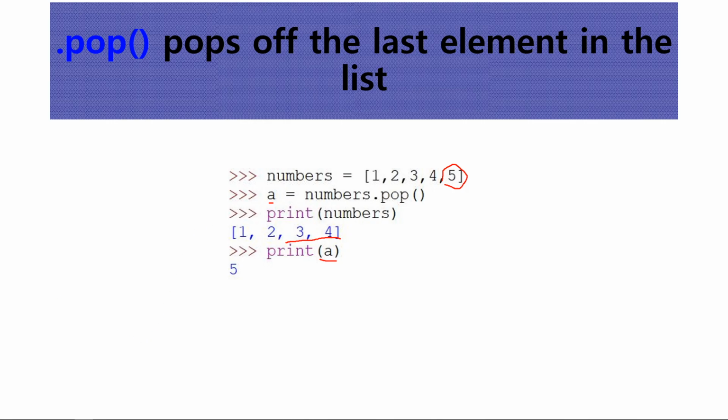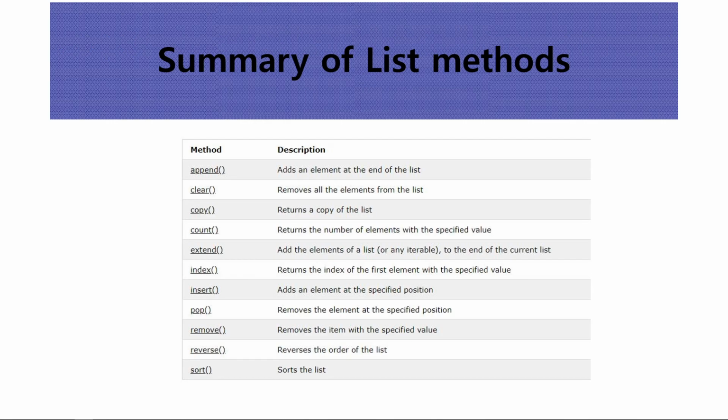Now we want to look at a quick summary of all the list methods. There is append, which adds an element at the end of the list. Clear, we didn't practice it, but it basically removes everything. You can go ahead and Google these methods.